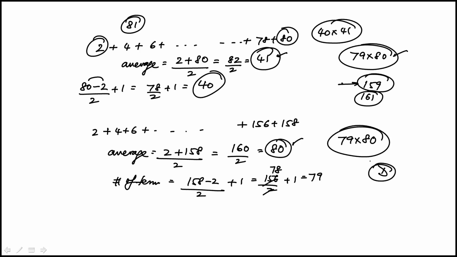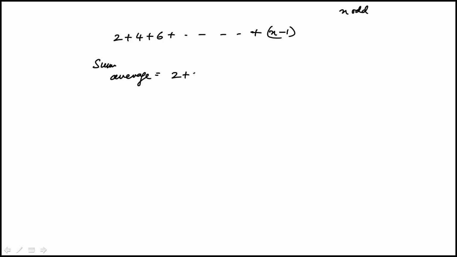Now, if you had to do it in a more general way, the even integers would be 2 plus 4 plus 6, and then n is odd, so the last one would be n minus 1. Let me see if I can do it this way. First I need the average, which will be 2 plus n minus 1, over 2.